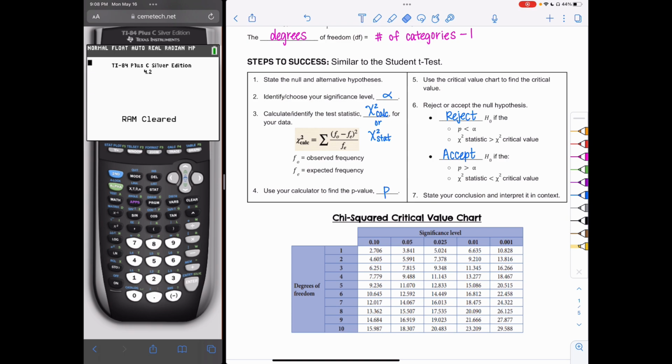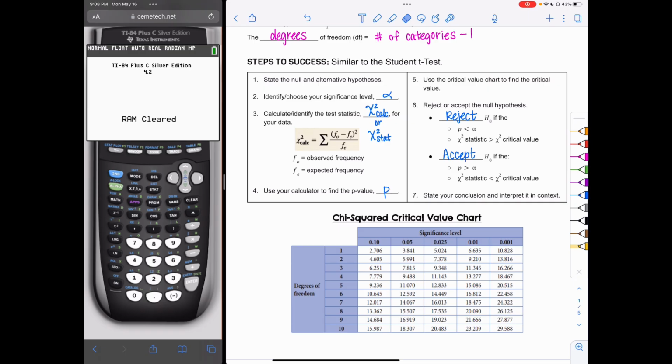So for instance, if I wanted to find the critical value for my chi-square statistic for a significance level of 5% and a degree of freedom of 4, I would line up my significance level of 5%, which is 0.05, and the degrees of freedom, and where they cross would be my critical value here, which is 9.488. Okay, so that's just an example on how to read the critical value chart.